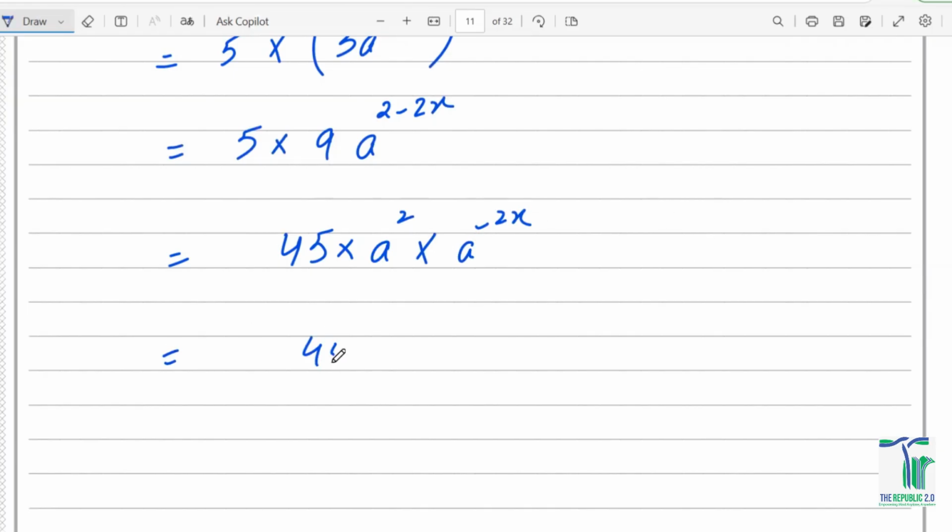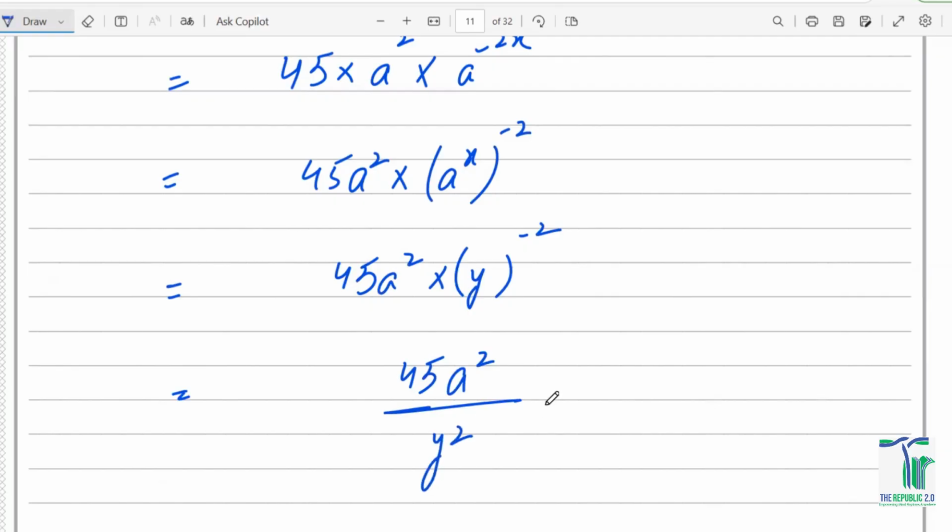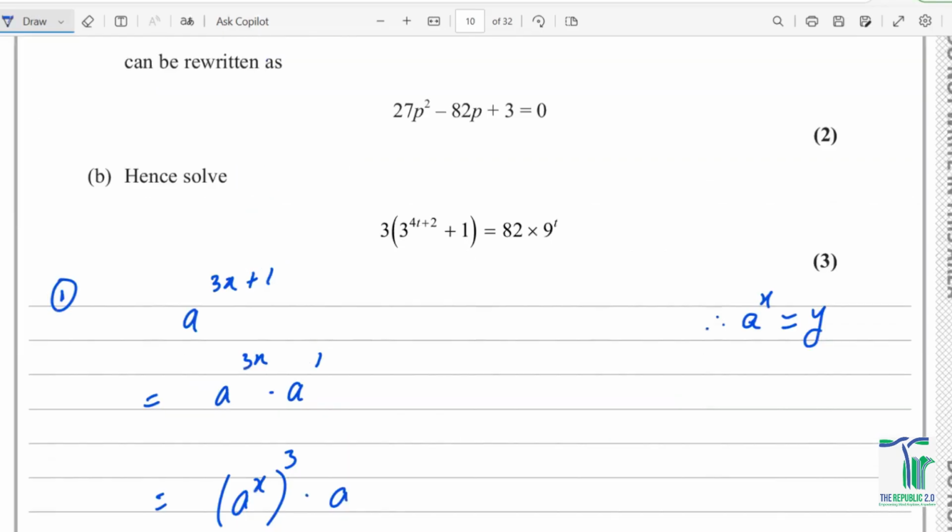Right after that, I would be having 45a squared times a^x to the power of negative 2, because I can split those down. Now since we know that a^x is y, this would become 45a squared times y to the power of minus 2, and eventually you can write it simply as 45a squared divided by y squared. So that is how you'll get the final answer, right?